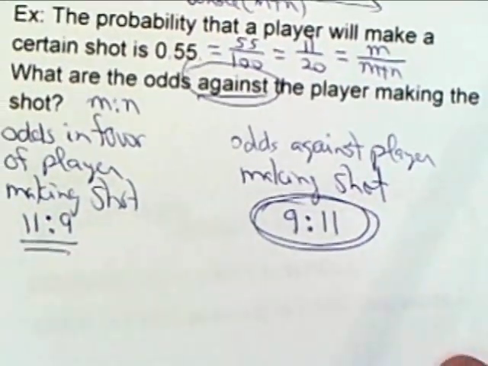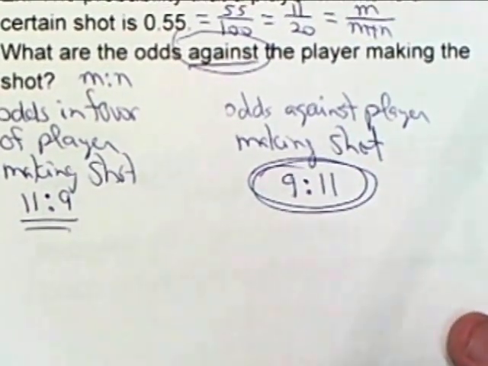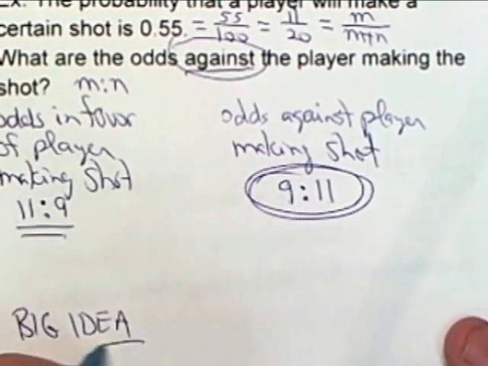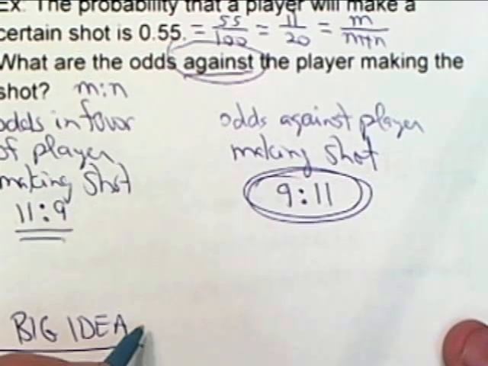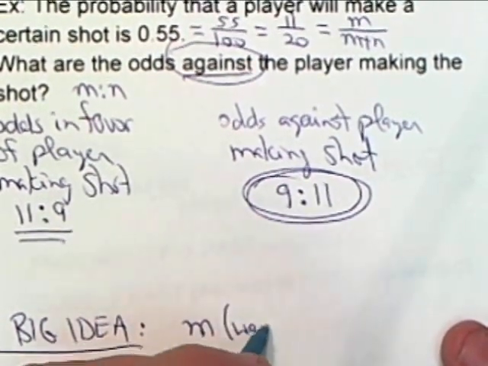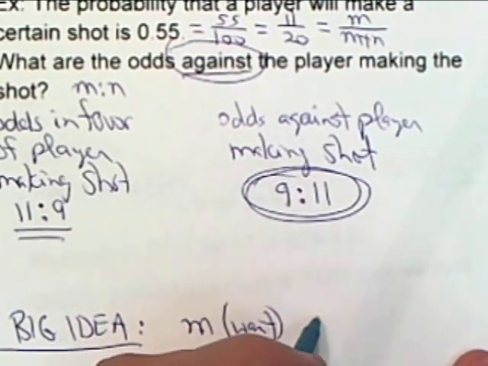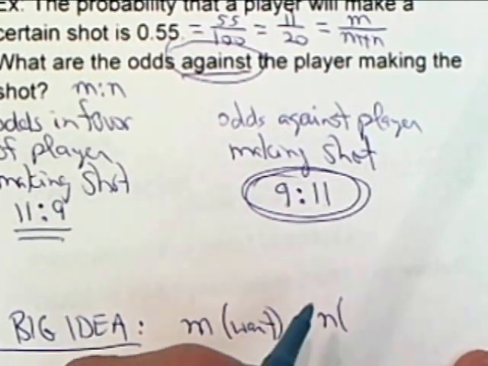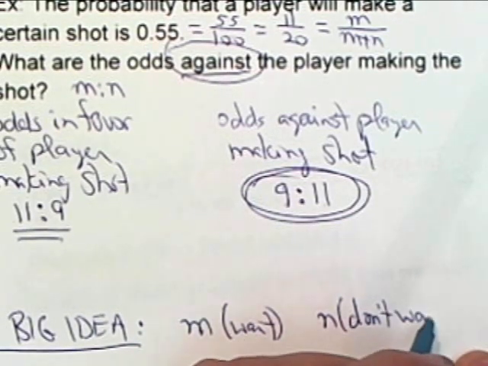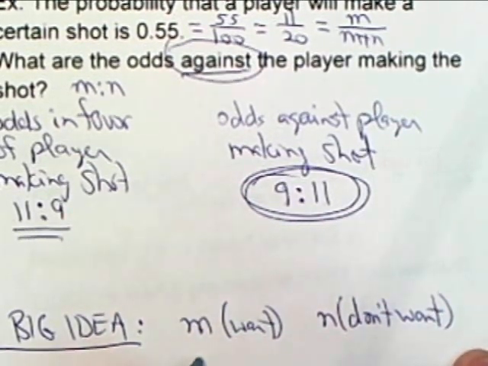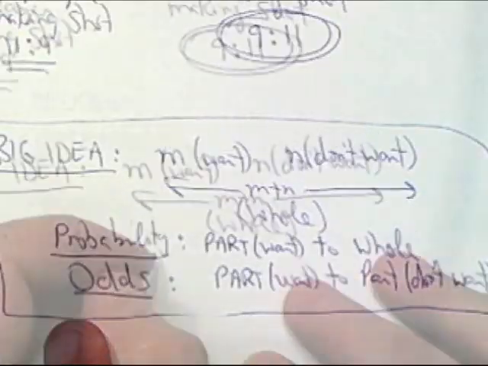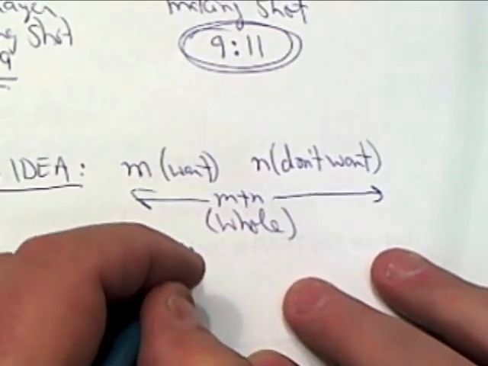And if you haven't figured it out yet, I'm trying to tell you that there's a big idea here, and that big idea is that, same thing I've said several times, if you let m be the number of things you want from the sample space and let n be the rest of them, namely the things you don't want, then if you add them up you get the entire sample space, and that's what I call the whole.